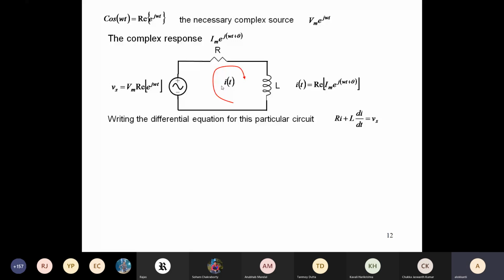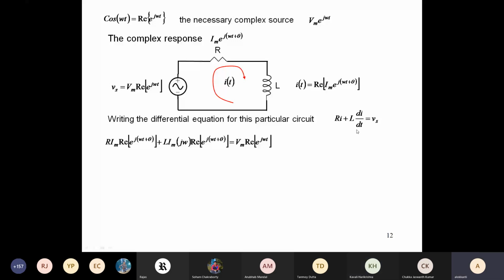If you write the differential equation, it is Ri + L di/dt = Vs. If you put this in the differential equation, on the left-hand side Ri becomes R Im times the real part of e^(j(ωt + θ)). Just substitute it here.